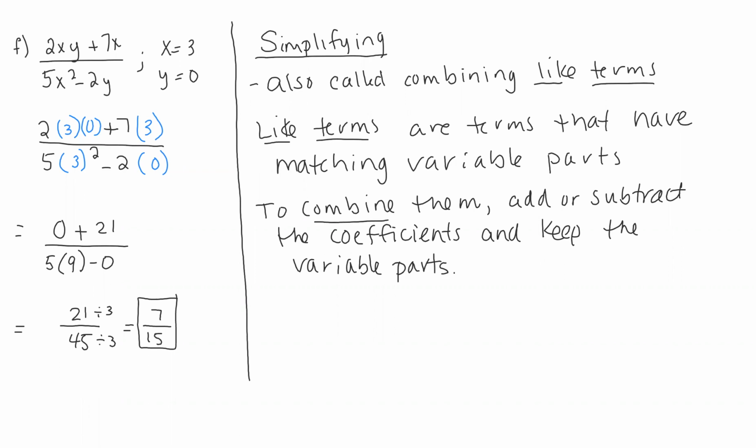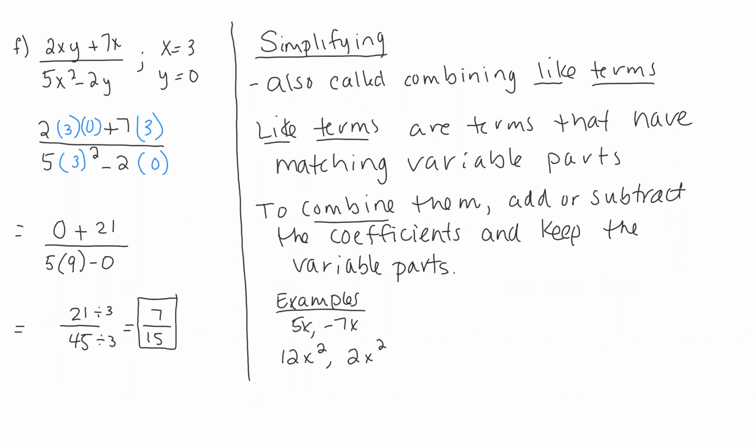Okay, so let's look at what like terms would look like, and then we'll practice combining. So here are examples of like terms. 5x and negative 7x. If you look here, they have matching variable parts. We could have something like 12x squared and 2x squared. They have matching variables, matching exponents.